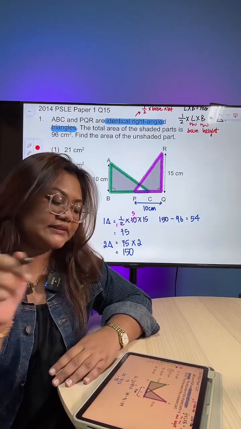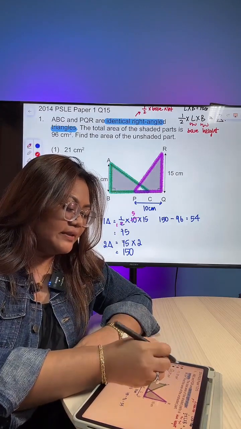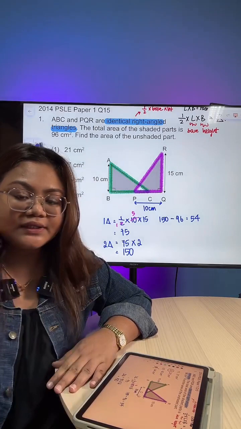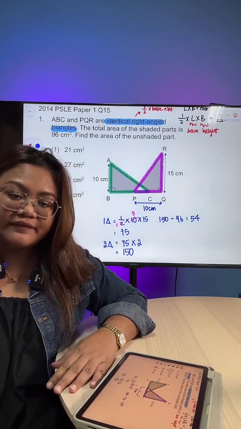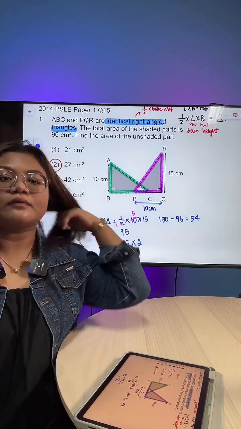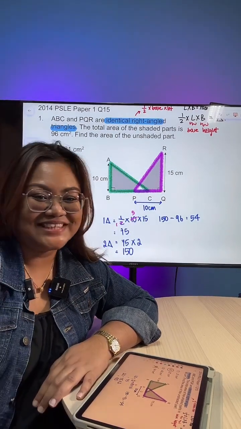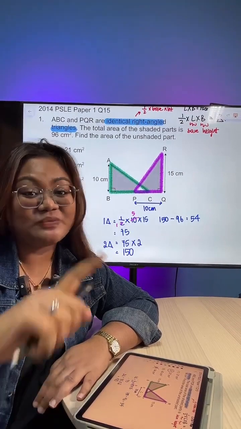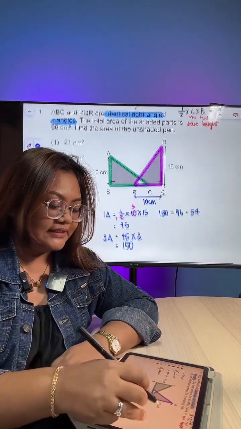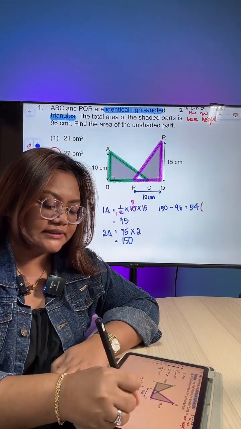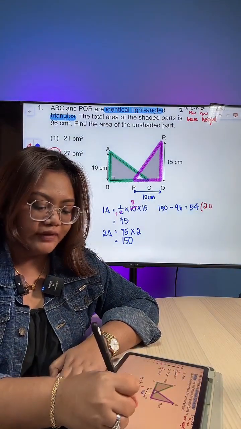Right? Now 54 is not the correct answer. Can anybody tell me why 54 is not correct? Anybody knows why 54 is not correct? Do we know why? Someone mentioned we have to divide by 2. You are right. So 54 here is not the correct answer because this is 2 overlaps.